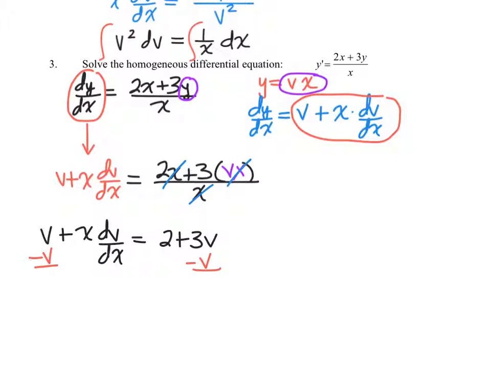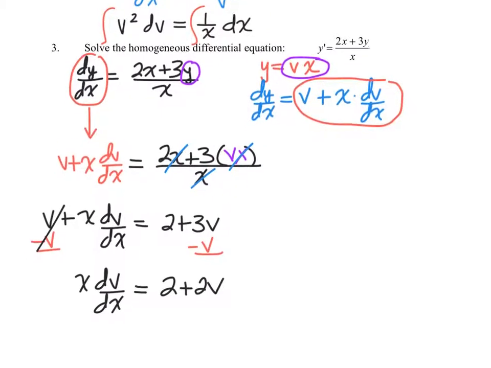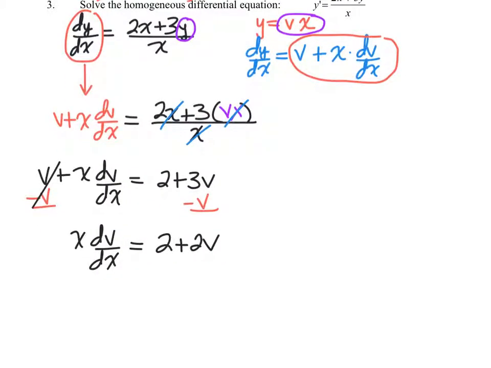I'm just consolidating variables, so this cancels, and x dv/dx is equal to 2 plus 2v, much simpler than what we started with. All right, I have a GCF on the right-hand side, worth taking out, I think.